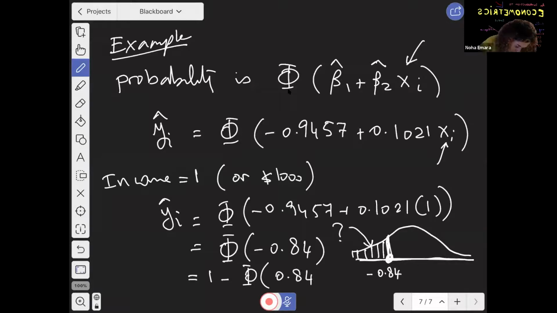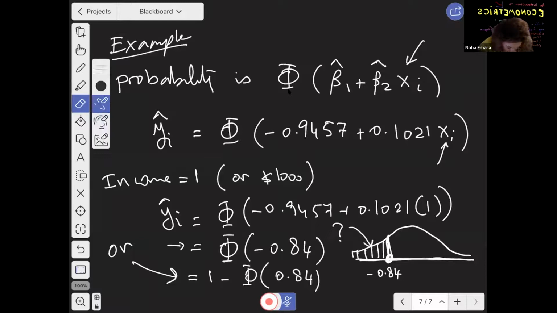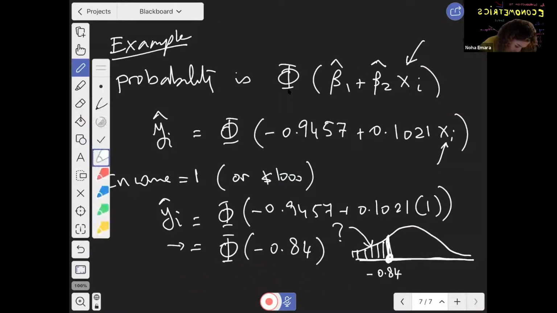It's an additional step, you can forget about it. I'm just letting you know that there are 2 ways of writing the probability. Now you just go to the table, and let me just erase this last part. I just wanted to give you additional information. You can either do it with the negative part or the positive part.